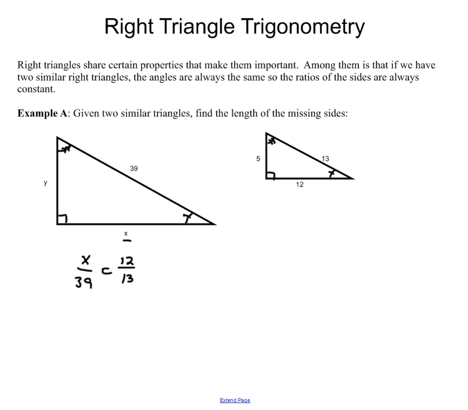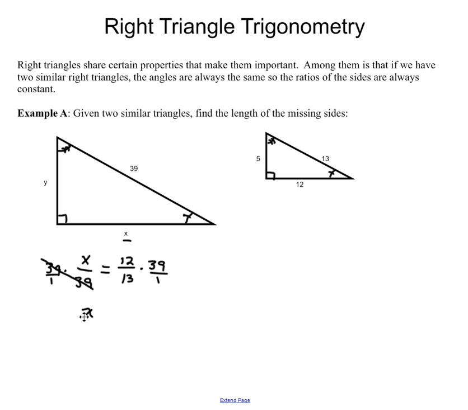Well, that's not a bad one to solve at all. Hopefully most of us have an idea of how this is going to work. What's going to happen right here is that we have essentially a fractional equation that we can solve by multiplying both sides by 39. 39 times what's on the left, 39 times what's on the right. We can think of it as 39 over 1 if we'd like. 39 divided by 39 cancels out.